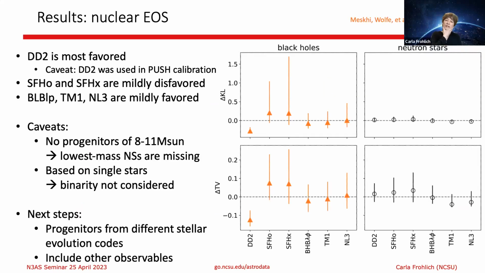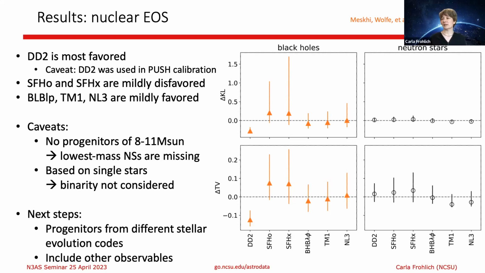All right, so the two caveats that come with this result: in the sample that we exploded for this paper, we did not have any stars in the 8 to 11 solar mass range. Meaning the lowest mass stars that become core collapse supernovae, which are the most abundant in the initial mass function, are missing.